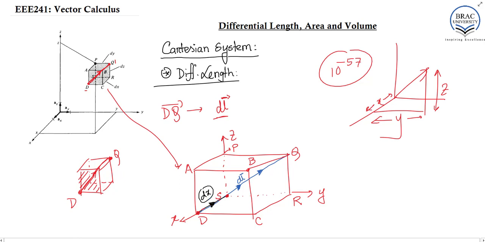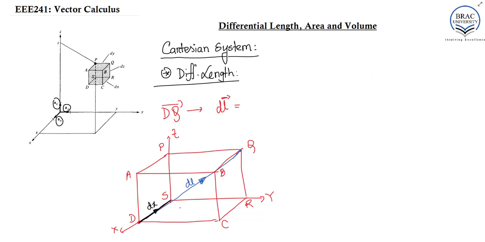Since all of the quantities are infinitesimally small, we're always going to denote them as dx, dy, dz, d phi, etc. Now that you've reached the S point, you then move along the y direction, starting from S and ending at the point R by moving a distance equal to dy.